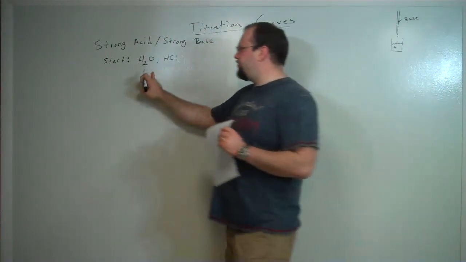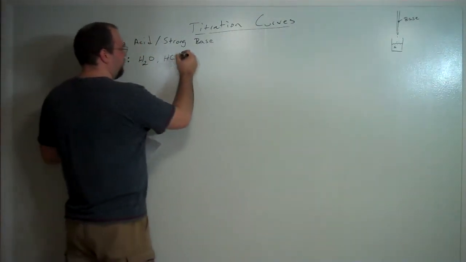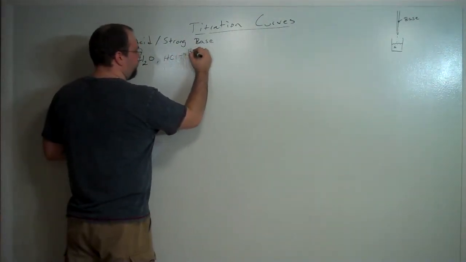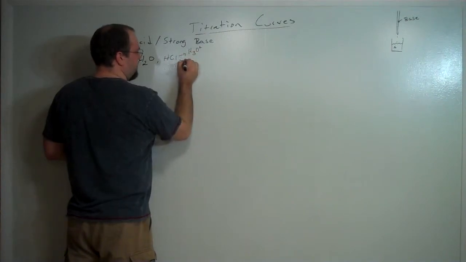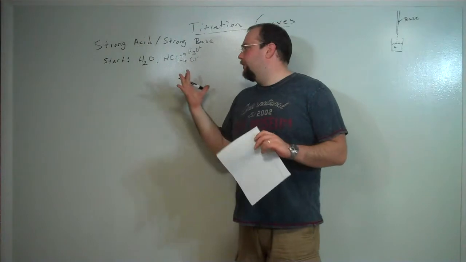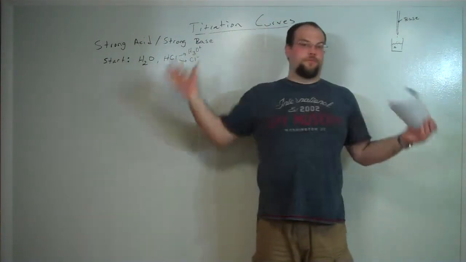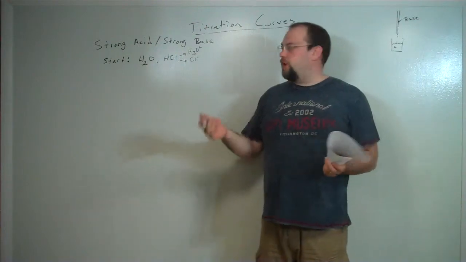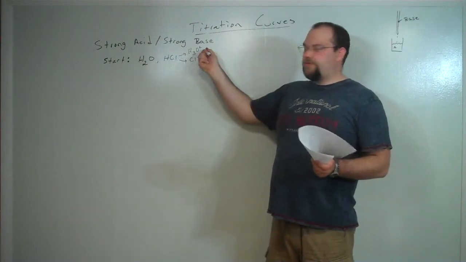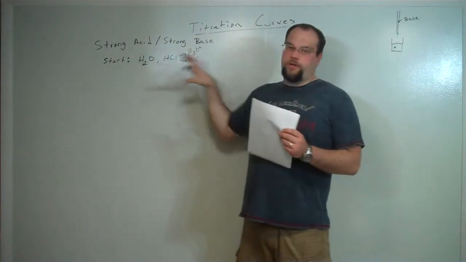I really have H2O and a dissociated strong acid, which would be hydronium and chloride. Okay, so that's really what's present. I have my water, tons of water, just absolute massive amounts of water, and some hydronium and some chloride. We have a lot more water than we do acid.